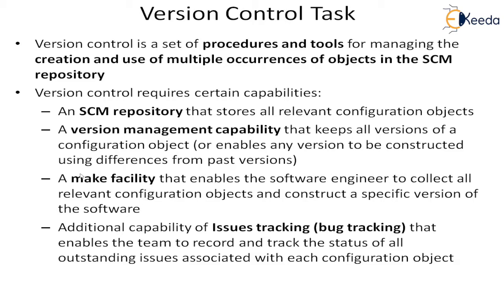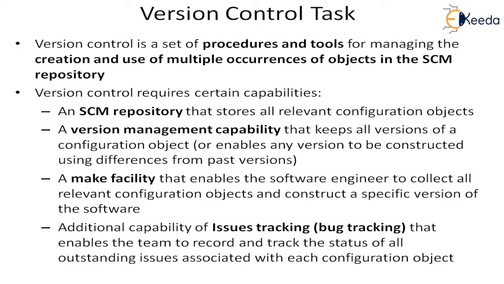Then there has to be a make facility. What the make facility will do is try to build. It will enable the software engineer to collect all relevant configuration objects and construct a specific version of the software. Whenever a new change comes, it is not a single component that will change, but multiple components.